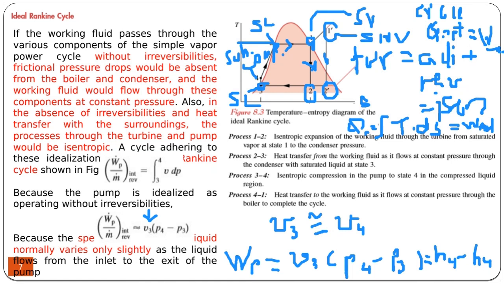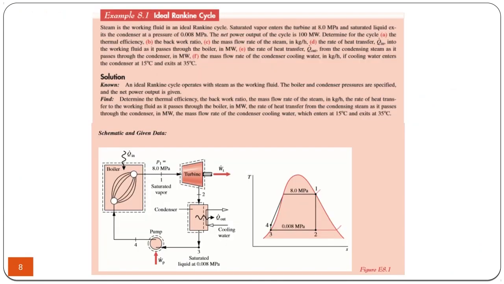There is a numerical example here in which we are given a vapor cycle which uses saturated vapor. How do we know this? The exit of the boiler is saturated vapor. There are two pressures, as I said. One pressure is 0.008 megapascals, which is a very low pressure.